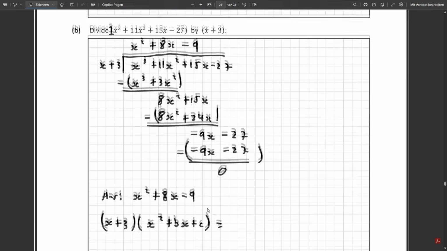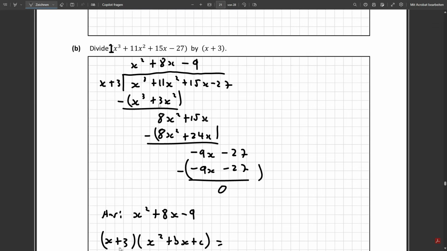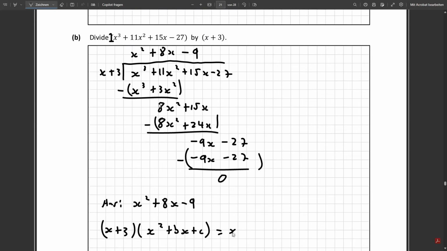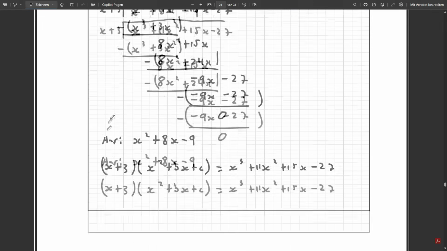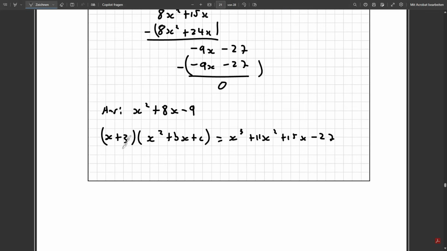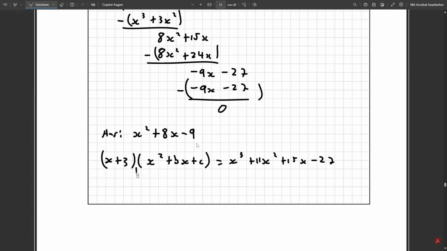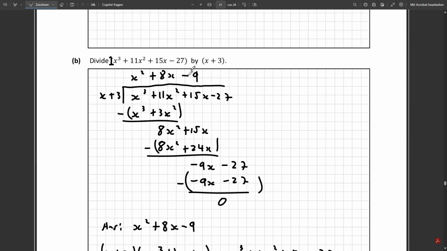When you multiply those together, because a linear times a quadratic will increase the power by 1, giving us a cubic, x cubed plus 11x squared plus 15x minus 27. Now, if you multiply out this bracket and you compare how many x squareds are on this side, how many are on this side, you can solve for b and c, and then this here is your answer. Because if you rearranged, you'd have this side, bring the x plus 3 down as division, divided by x plus 3, and then this is your answer here. It'll end up being the same quadratic.